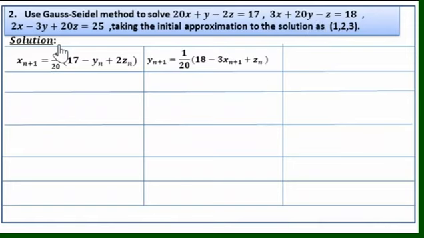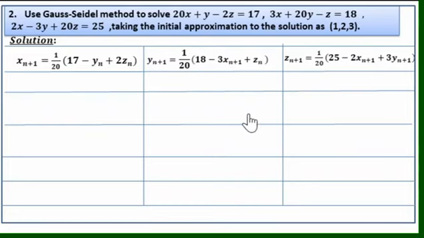Then the third equation gives zn plus 1 equal to 1 by 20, 25 minus 2xn plus 1 plus 3yn plus 1. So here we have used the value of xn plus 1 in the calculation of yn plus 1, and values of xn plus 1 and yn plus 1 used in the calculation of zn plus 1.